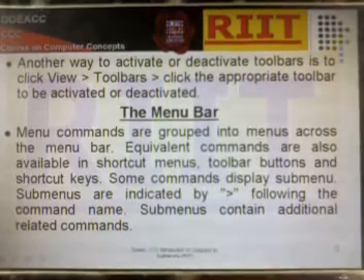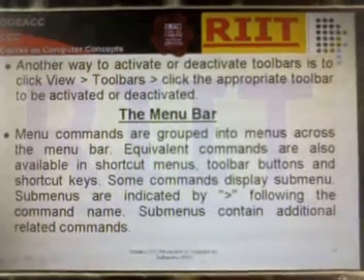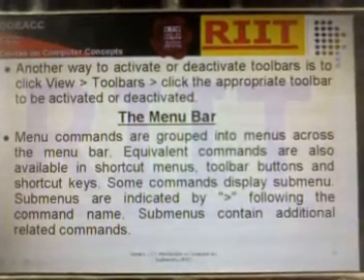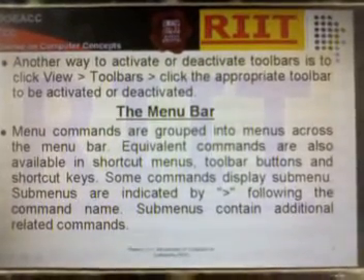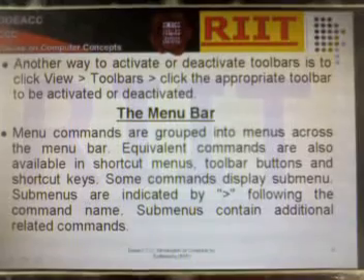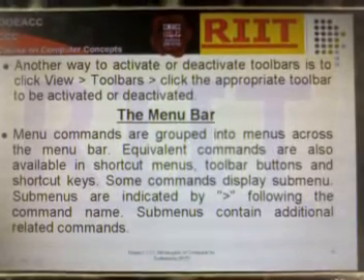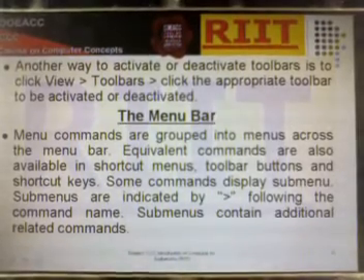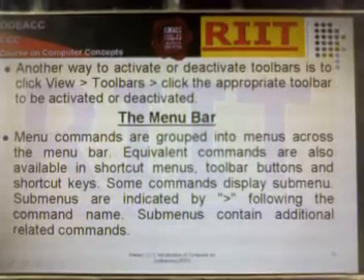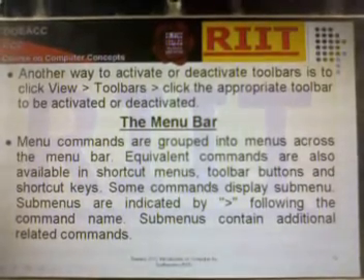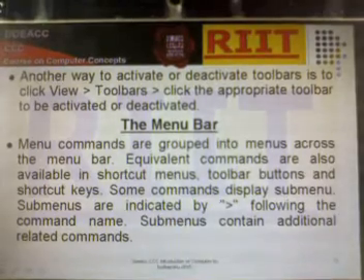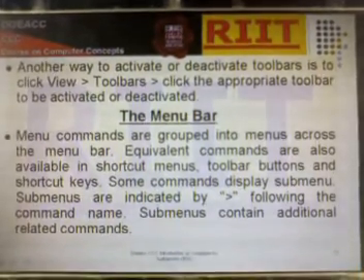The menu bar. Menu commands are grouped into the menu across the menu bar. Equivalent commands are also available in shortcut menu, toolbar buttons, and shortcut keys. Some commands display submenu. Submenu are indicated by an arrow following the command's name. Submenu contains additional related commands.